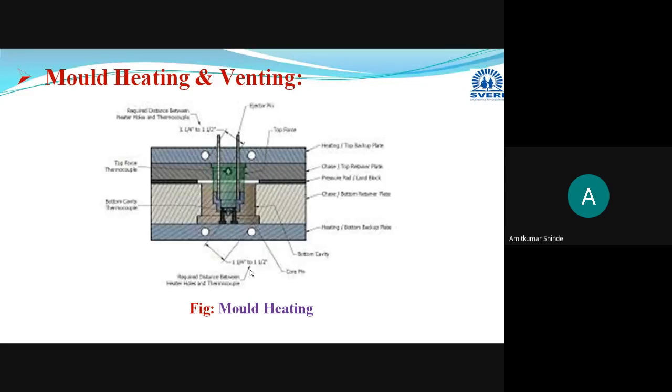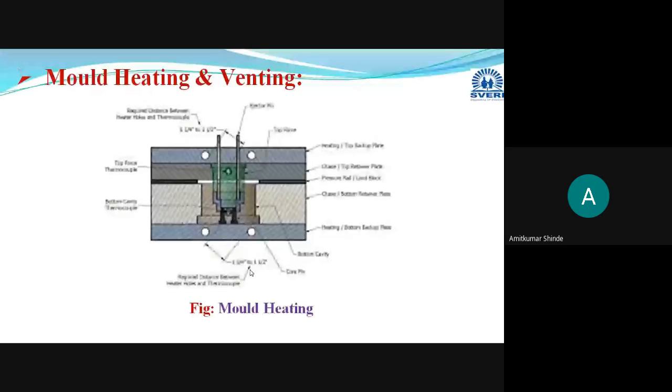Okay, and related to the distance, you have to follow these dimension rules. These are the guidelines: the thermocouples which we are using should not be too close to each other, or at a very long distance. Longer distance will result in cold heating, and shorter distance will result in turn off.